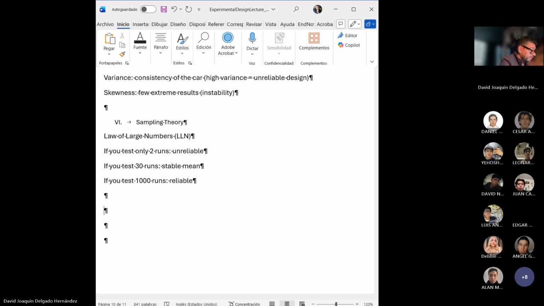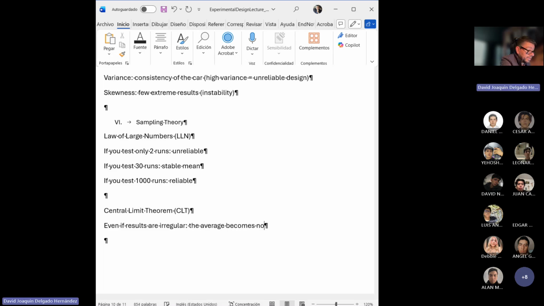Okay. What about the central limit theorem, which acronym is CLT? Even if results are irregular, the average becomes normal.